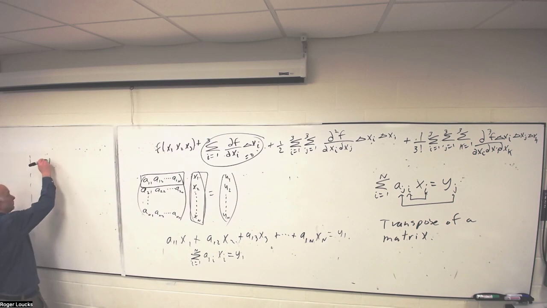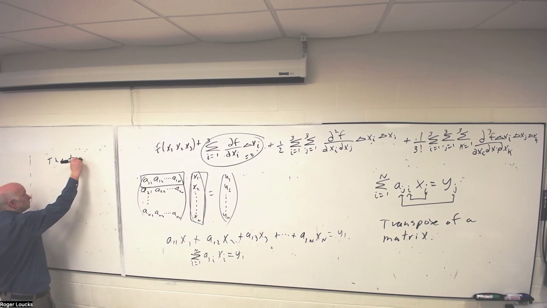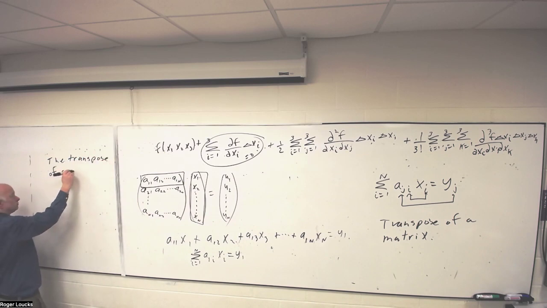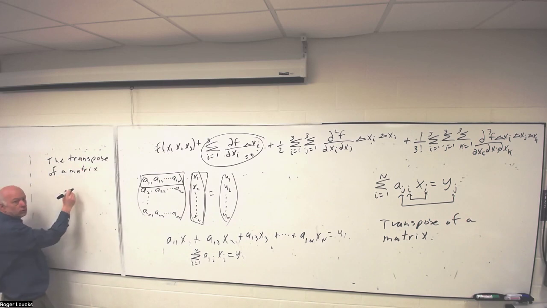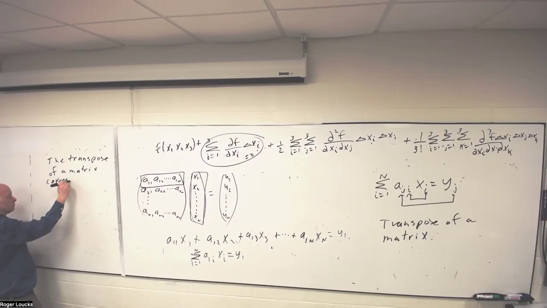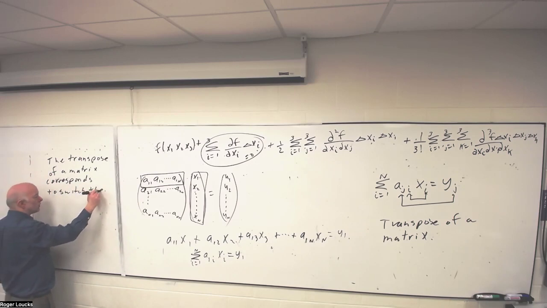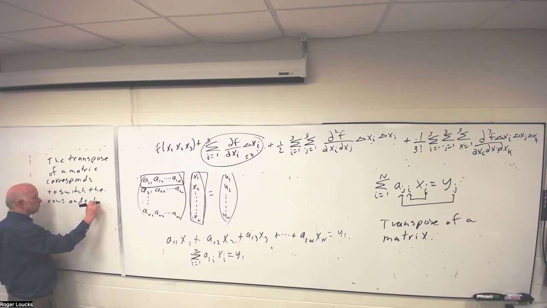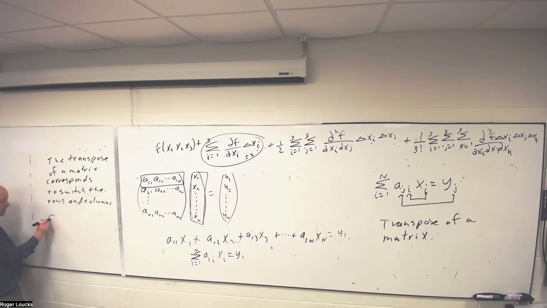The transpose of a matrix corresponds to switching the rows and columns. So if I have A_ij transpose, this is going to be A_ji.